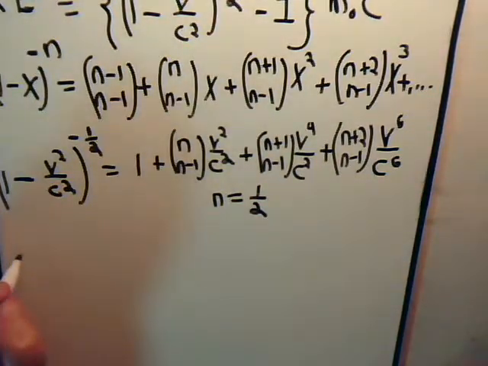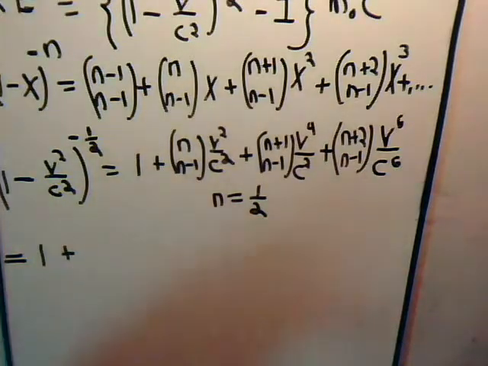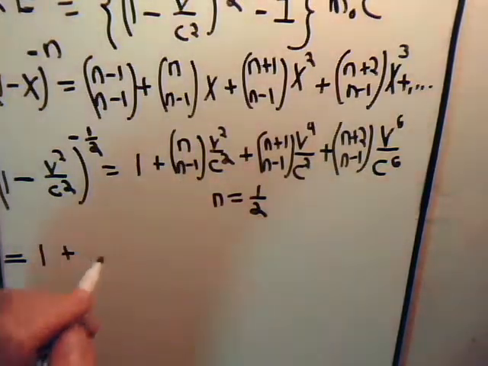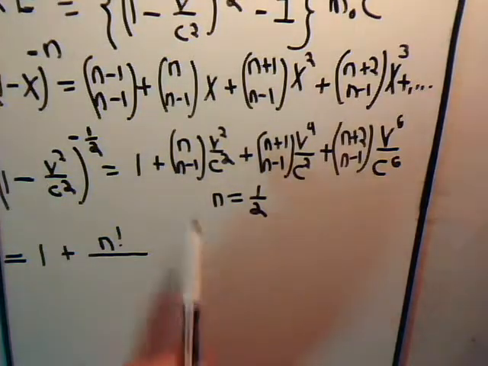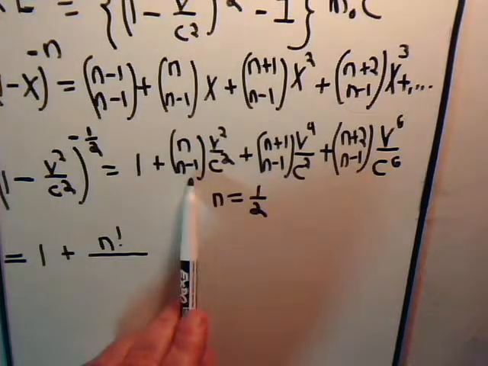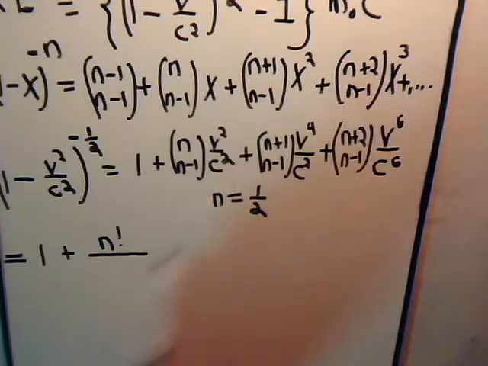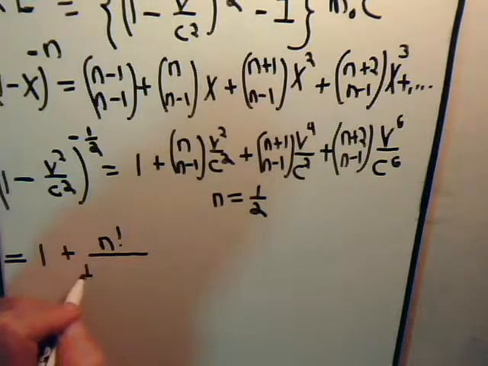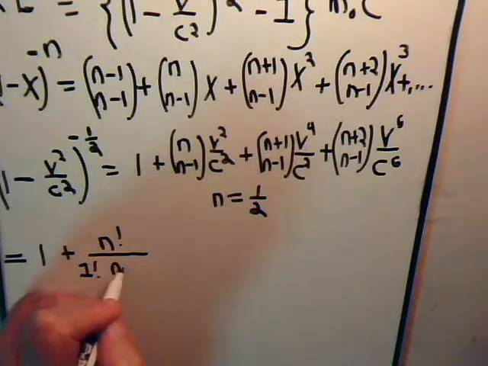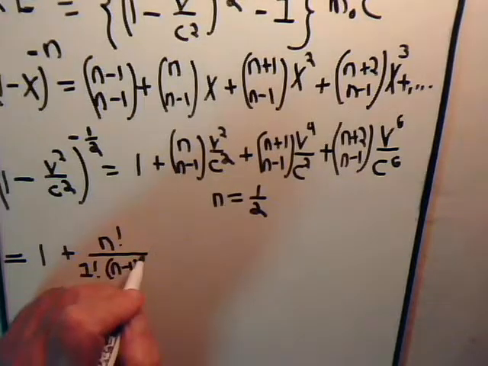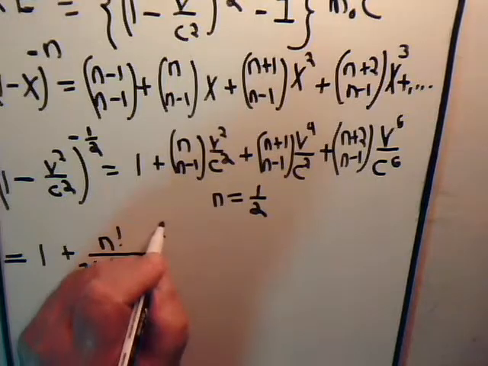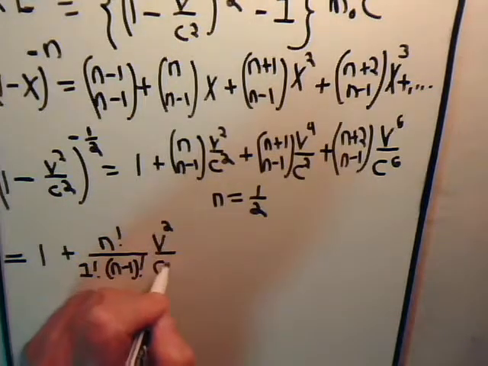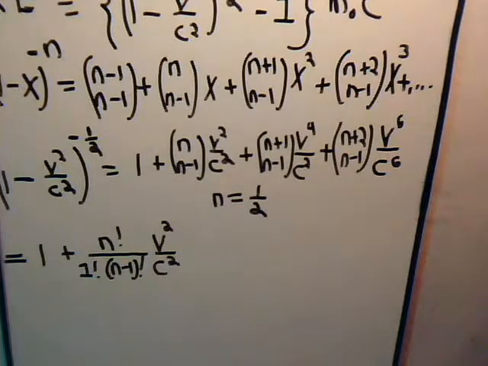So right now we have this is equal to 1 plus, this would be n factorial over this minus this, n minus n minus 1 would just be 1 factorial, times n minus 1 factorial, and this is times v squared divided by c squared.